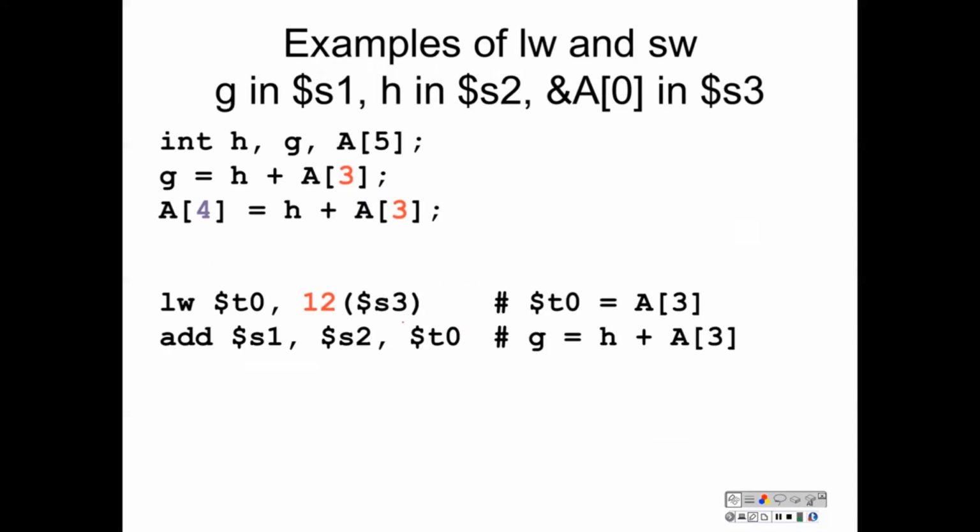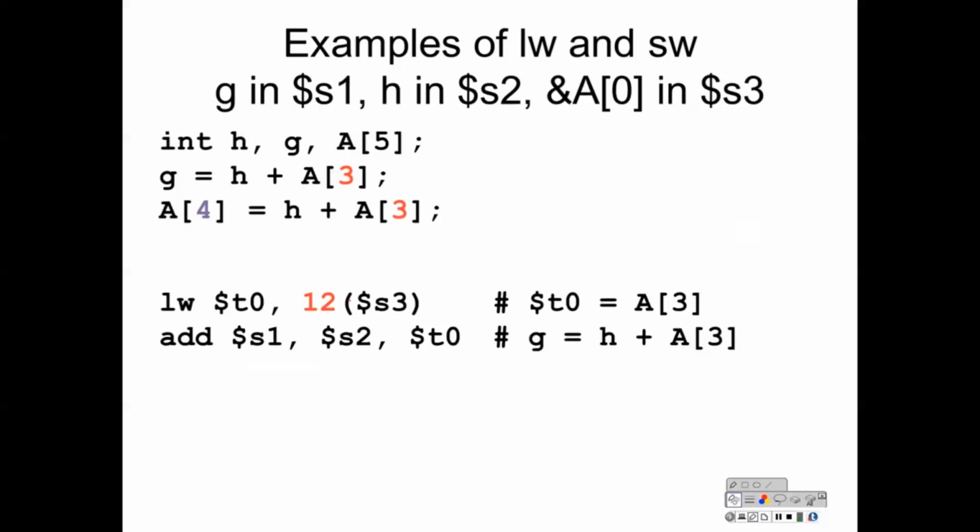Then, to calculate G equals H plus A[3], we would first do load word into a temporary register, the value located at offset 12, which corresponds with array index 3. This is an integer array, and so the array index of 3 is 12 bytes from the start of the array. 3 times 4 bytes per word.